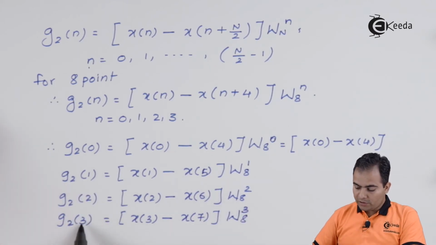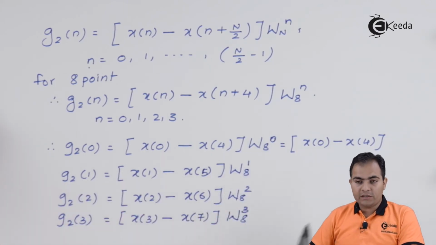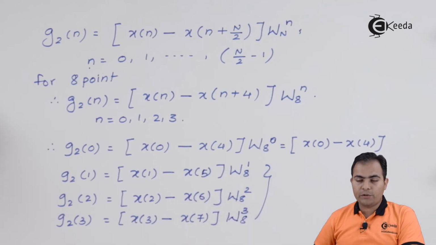So I have replaced all the n by 0 to 3, and this is the equation I have got.